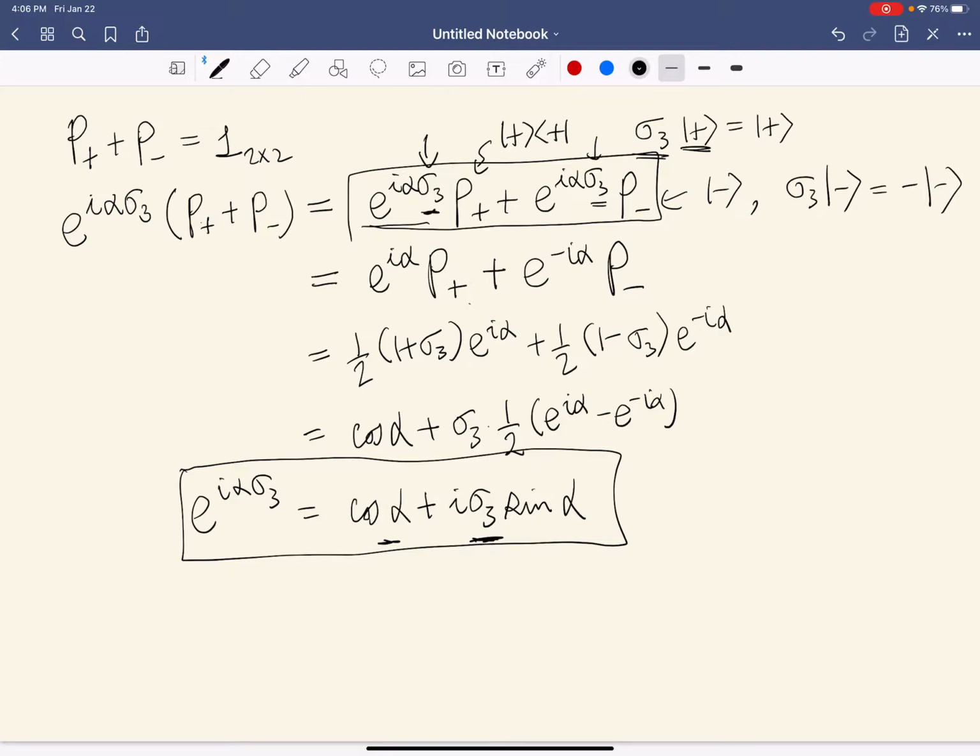Okay, that's very nice. Now, what about the other kinds of Pauli matrices raised to an exponential, like this, or maybe this, or maybe even this?